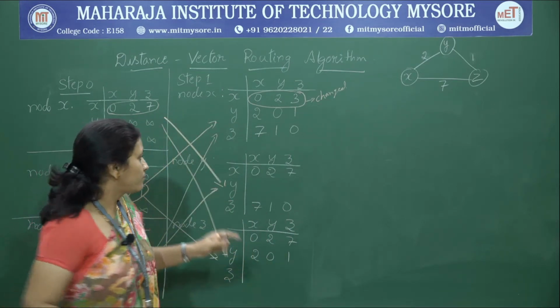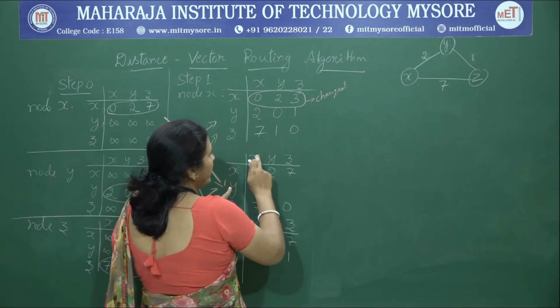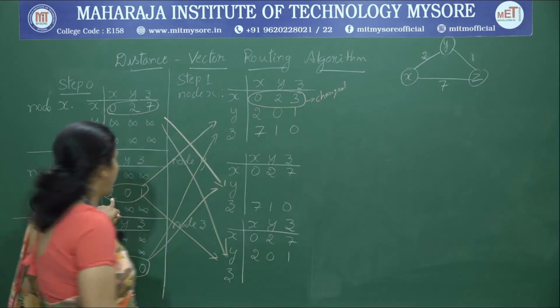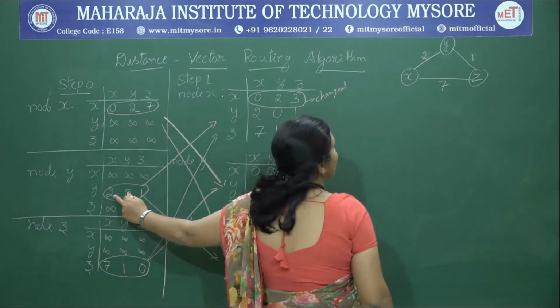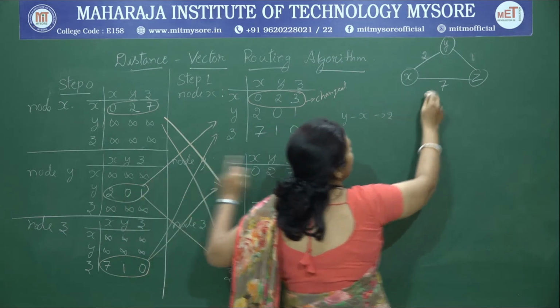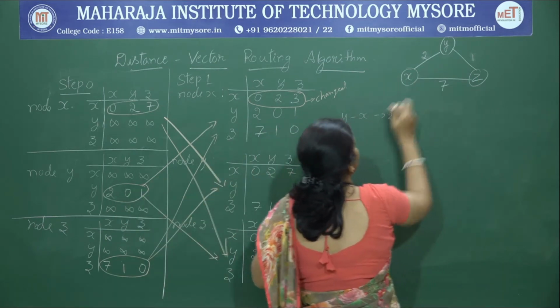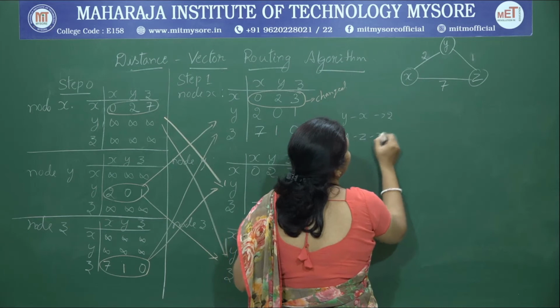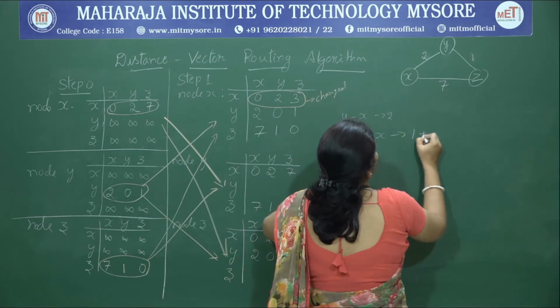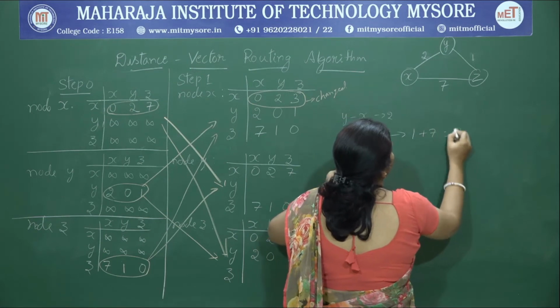Okay. How? From y to x, we had 2 in our initialization state. From y to x we have 2. Is there any other path? From y to z and z to x we can travel, which will cost y to z is 1 plus z to x is 7, which is 8.